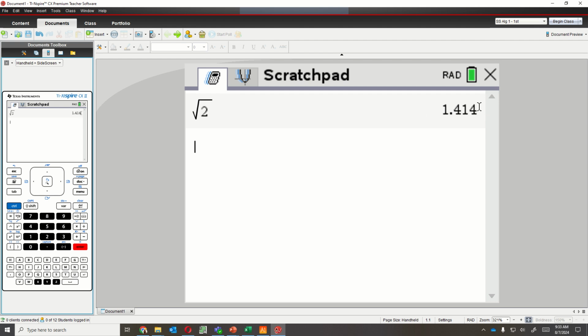So right here, I'm going to start plugging in numbers to the left of this and then to the right of this. For the left of this, I'm going to do, let's say, 1.40.